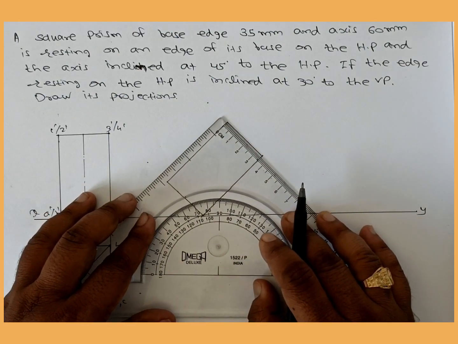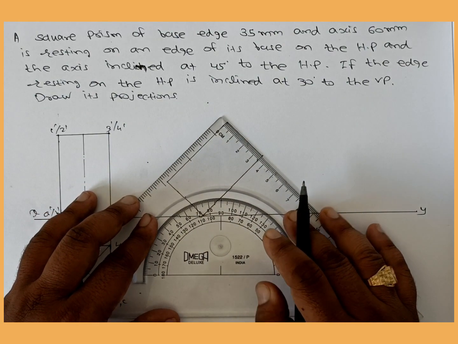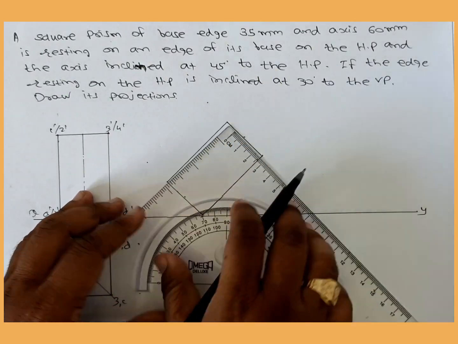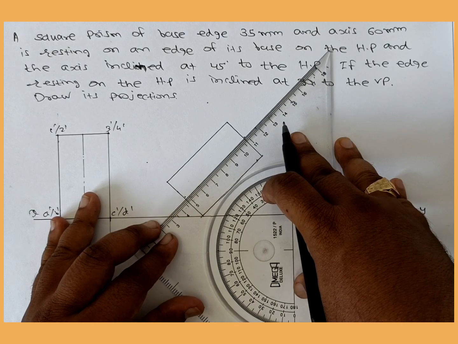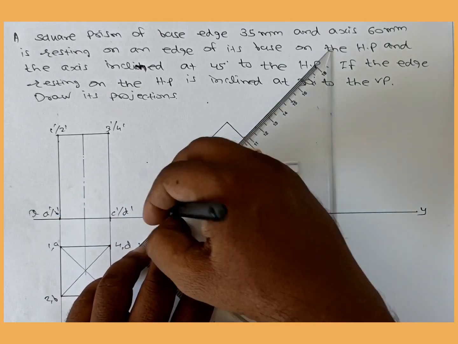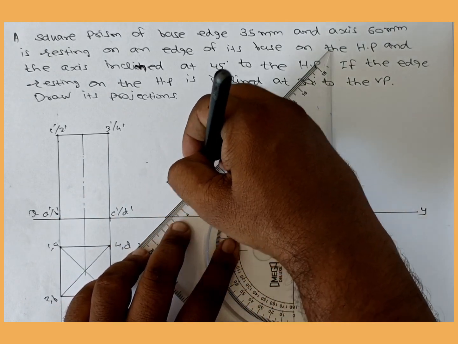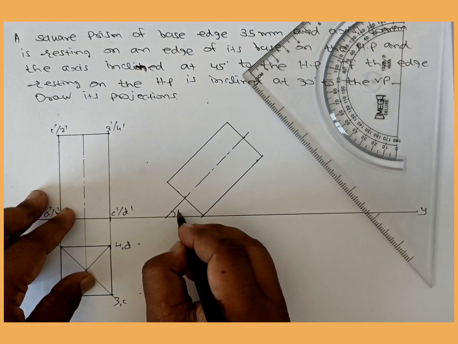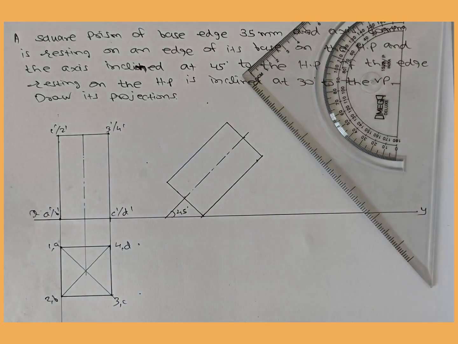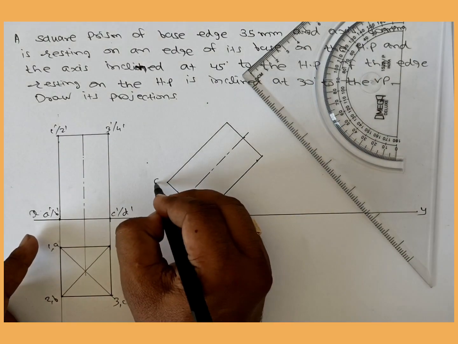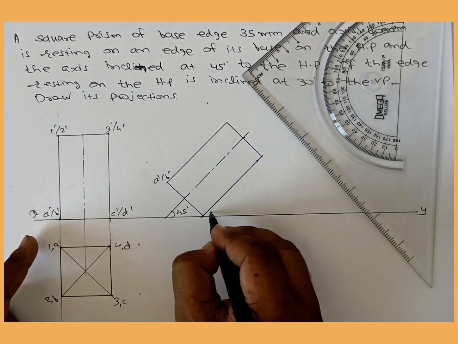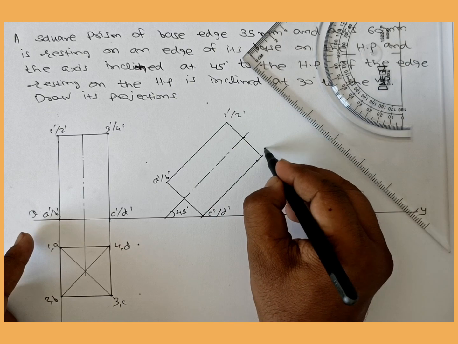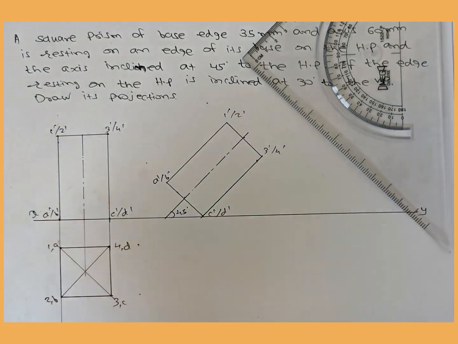The axis makes an angle 45 degree. Okay, now students, you have to write down A dash, B dash, C dash, D dash, and 1 dash, 2 dash, 3 dash and 4 dash.